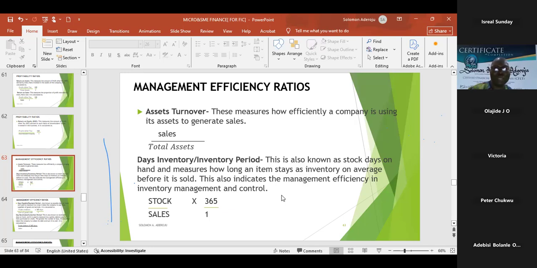It's the same thing. Because all those ratios under this, if you manage them very well, it will enhance your working capital. And it also shows whether the management is active enough to convert their stock to cash.